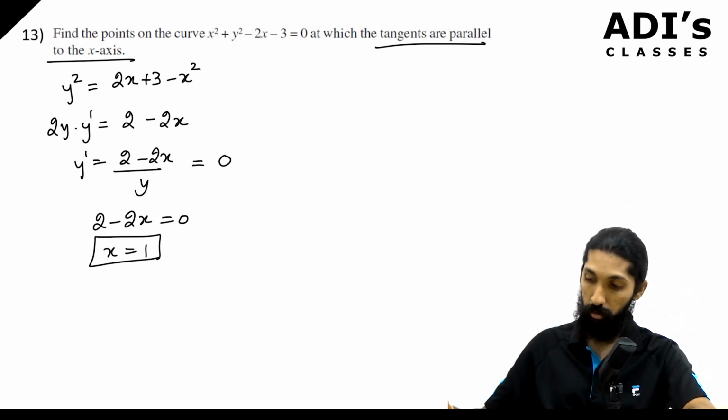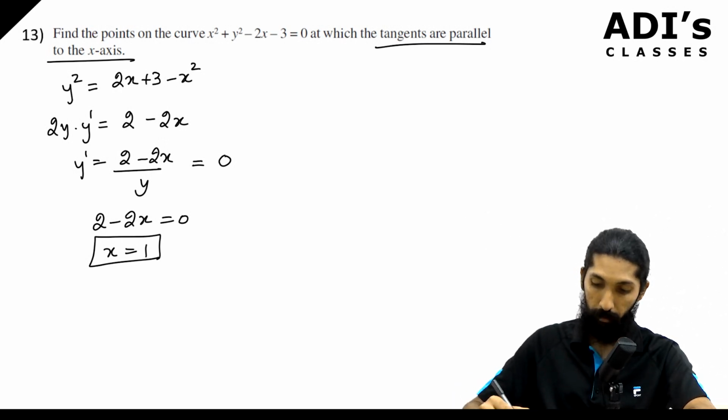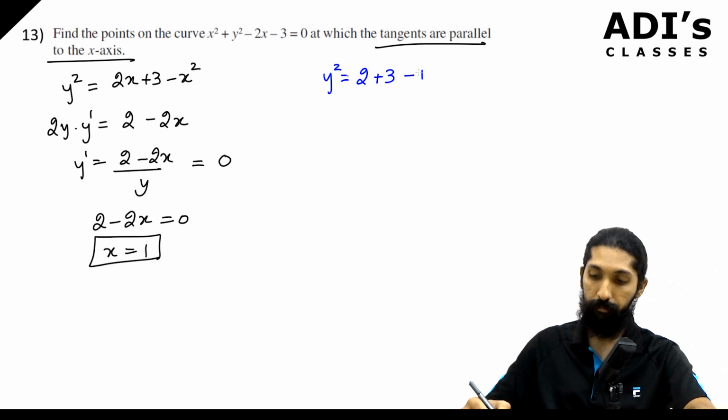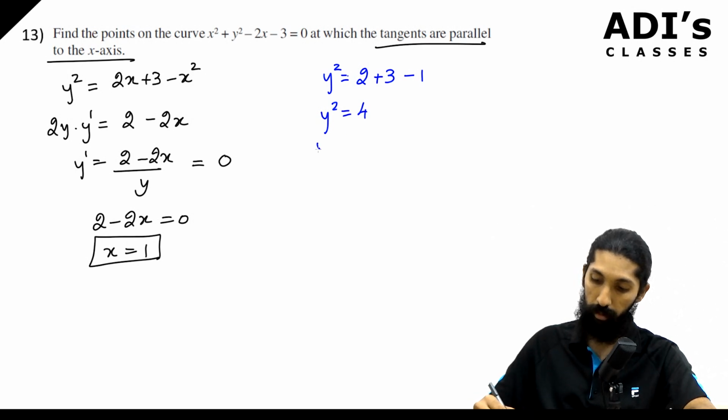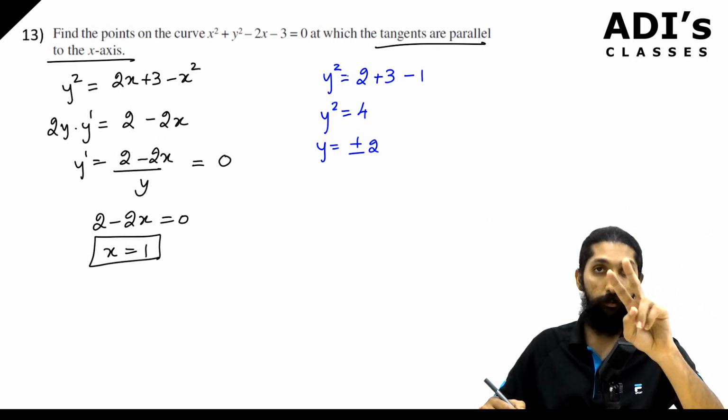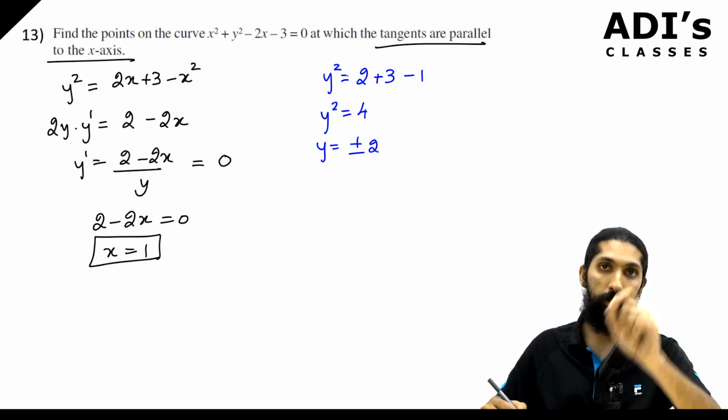So you're going to get y square is equal to 2 plus 3 minus 1. Correct? So y square is equal to 4, y is equal to plus or minus 2. So we have two values for y and one value for x.